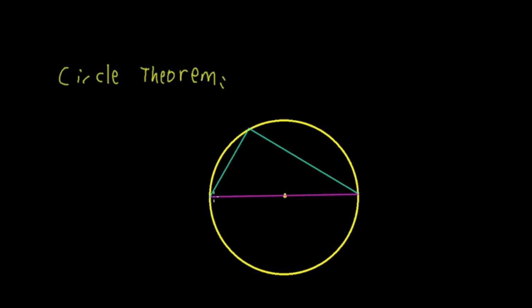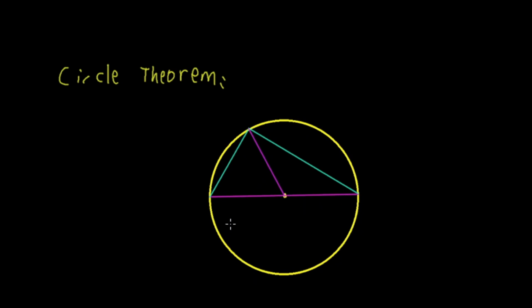And if I draw a line connecting one end of this diameter up to the circle, and then draw another line connecting the other end of the diameter, what's the degree of this angle here? Okay, let me draw another line connecting this point here to the center of the circle.